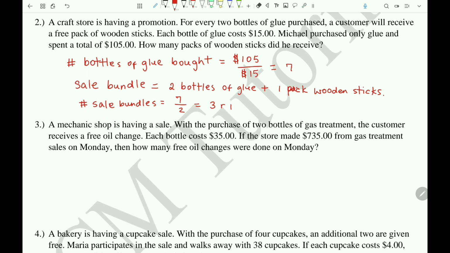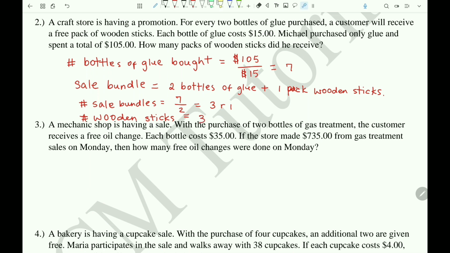So that also means that the number of packs of wooden sticks is going to be 3.